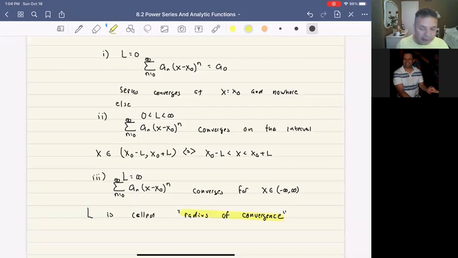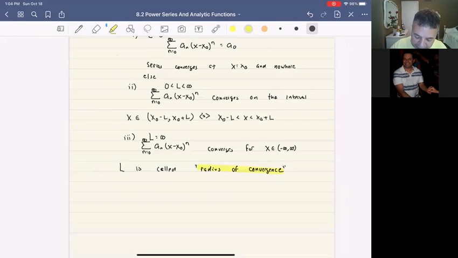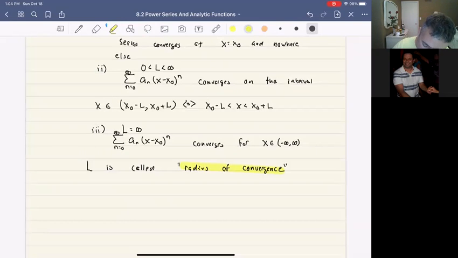Now, you can actually find the radius of convergence given the series. Okay, so if you have our series, let's write it down.